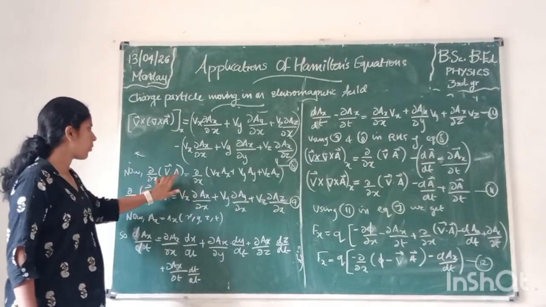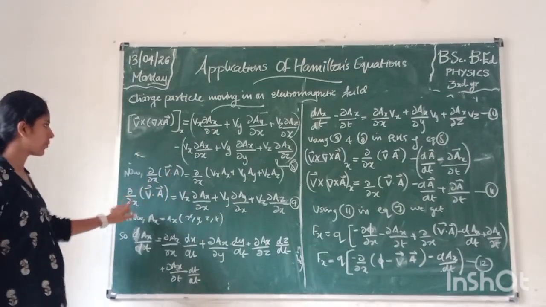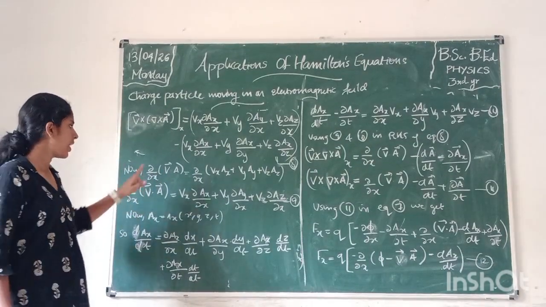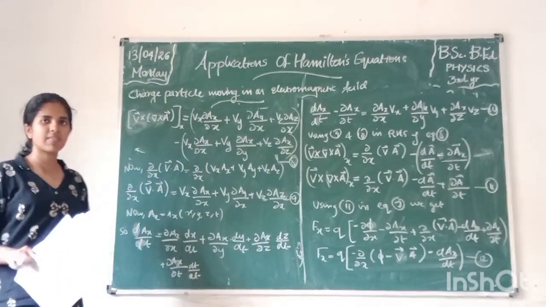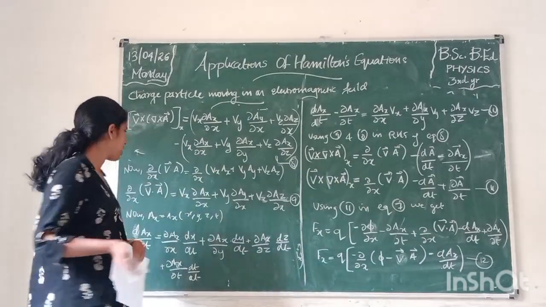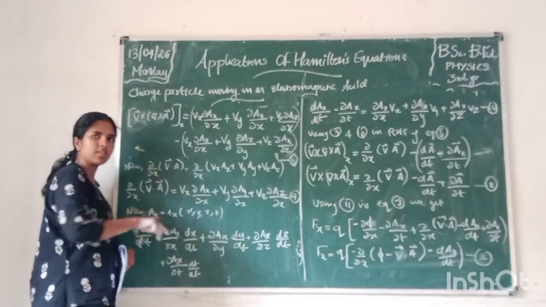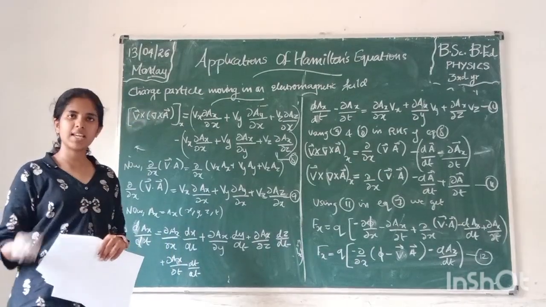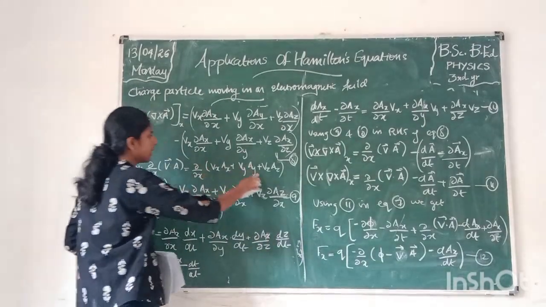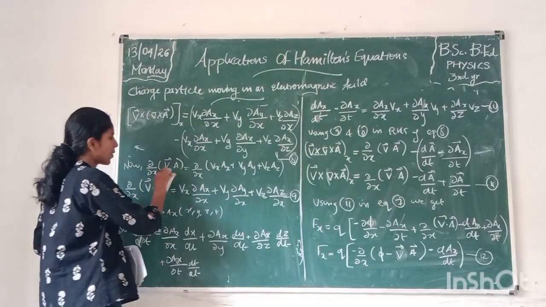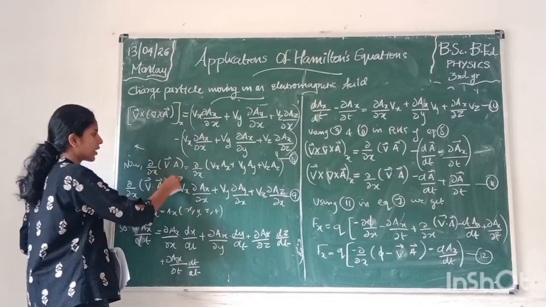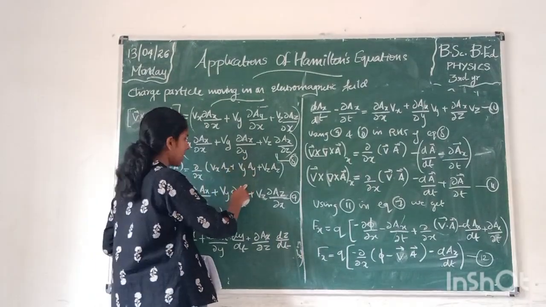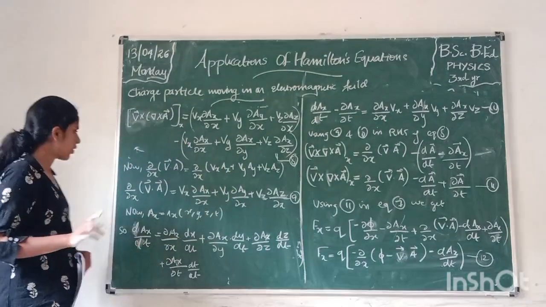What is the ∂/∂x of v dot a? v is v_x i plus v_y j plus v_z k, and a is a_x i plus a_y j plus a_z k. So v dot a will be v_x a_x plus v_y a_y plus v_z a_z. That is what we have written here: ∂/∂x of v dot a equals ∂/∂x of (v_x a_x plus v_y a_y plus v_z a_z).